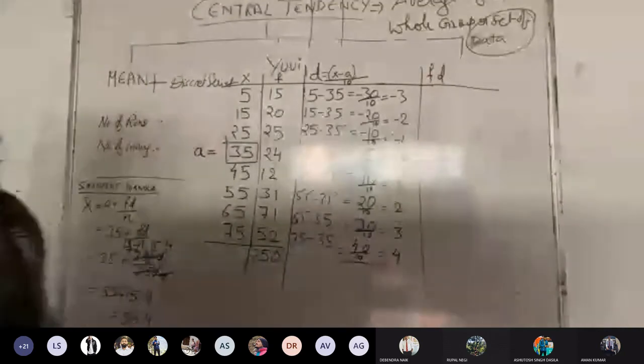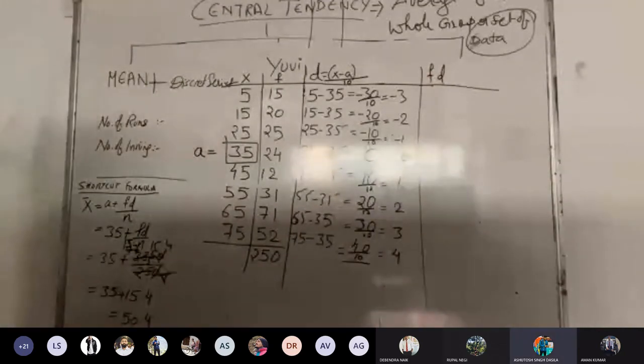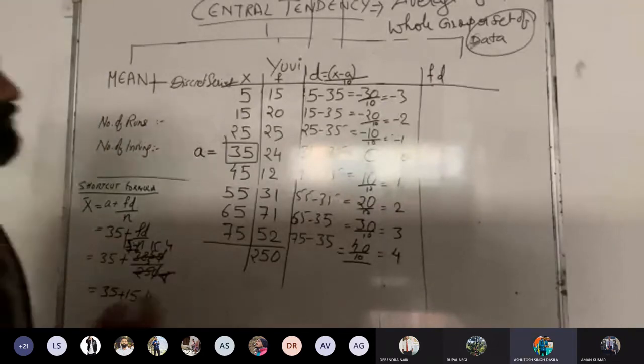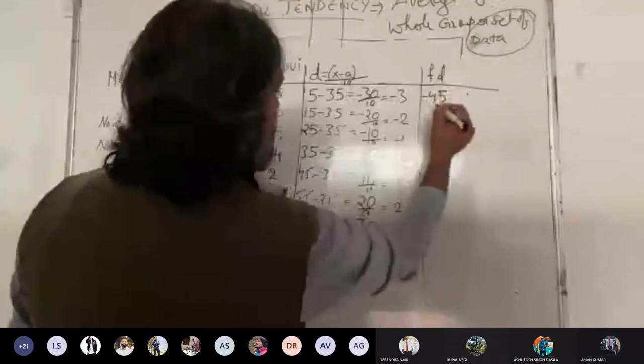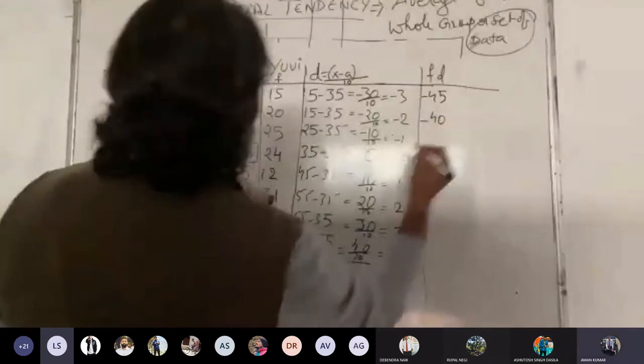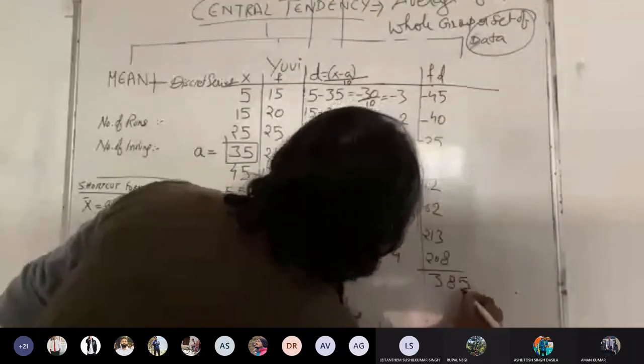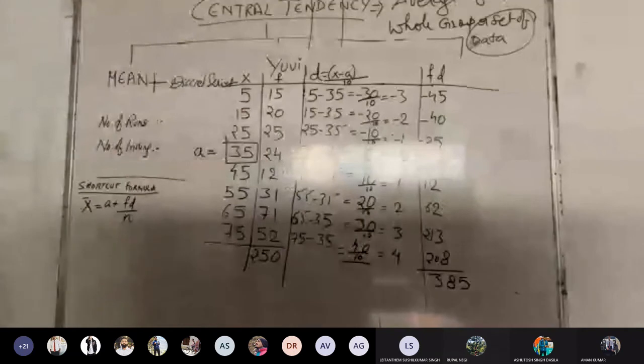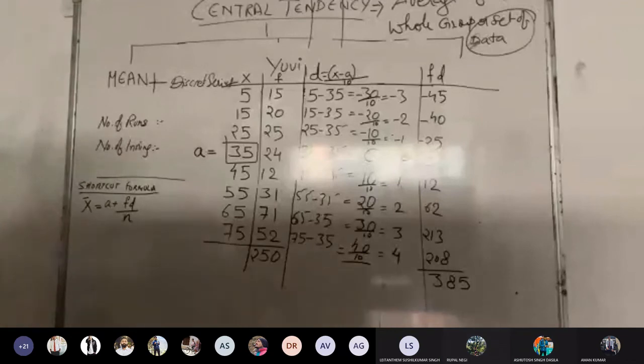Now, what is the new FD? -3 into 15, minus 45. Then minus 40, giving 385. Earlier, how much was it? 3850. Now we are able to reduce the number much, 10 times.